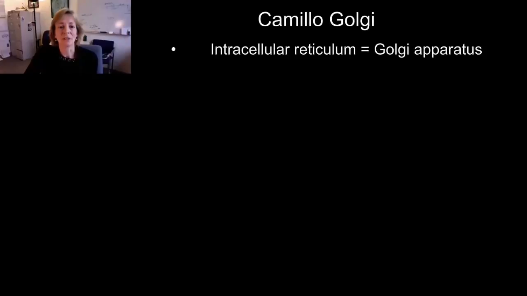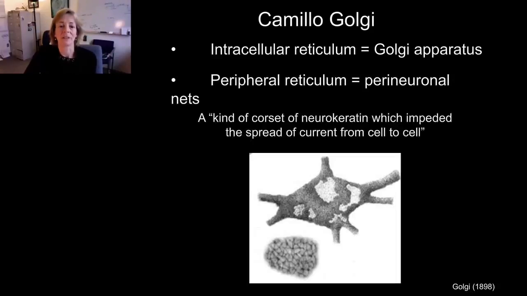So Camillo Golgi first described the intracellular reticulum, which we're now all very familiar with, called the Golgi apparatus, but he equally emphasized this peripheral reticulum, which we now call perineuronal nets. He described this as a kind of corset of neurokeratin which impeded the spread of current from cell to cell. If you look at this depiction of Golgi's perineuronal nets, you can see, especially in the bottom section here, this kind of lattice-like structure with holes in it.